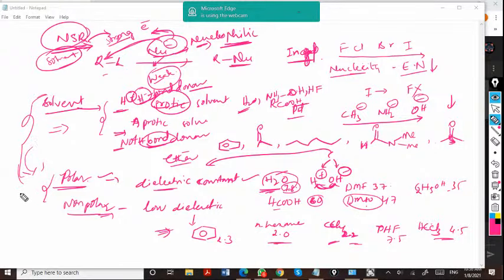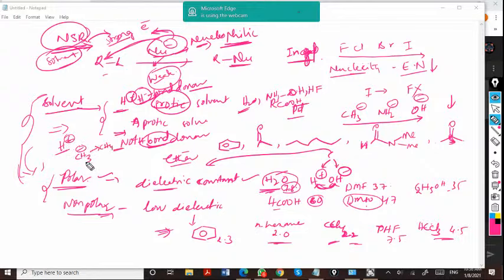Not just useful for now, you should be able to identify the solvent based on that. For example, what is the importance? Let's say in a reaction, this is an anion that is going to generate, and if H plus availability is there, then it's going to form methane.